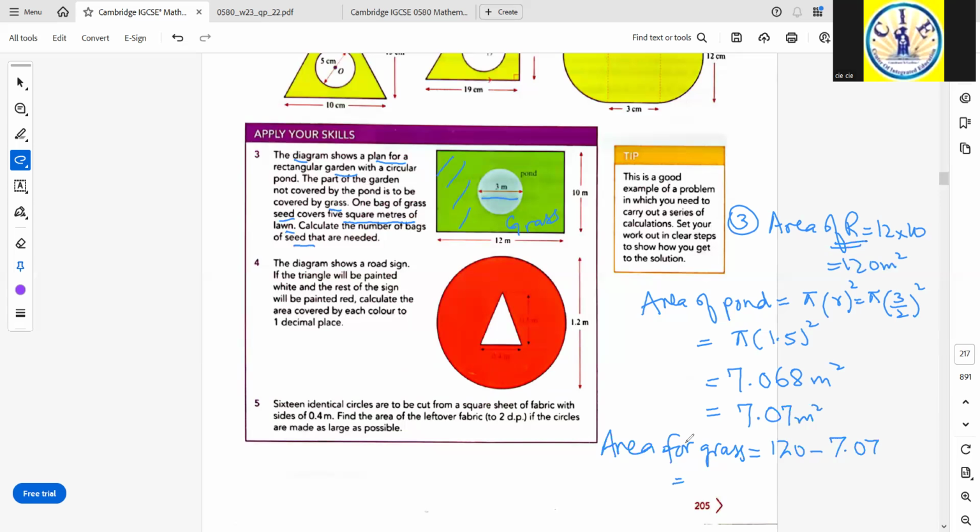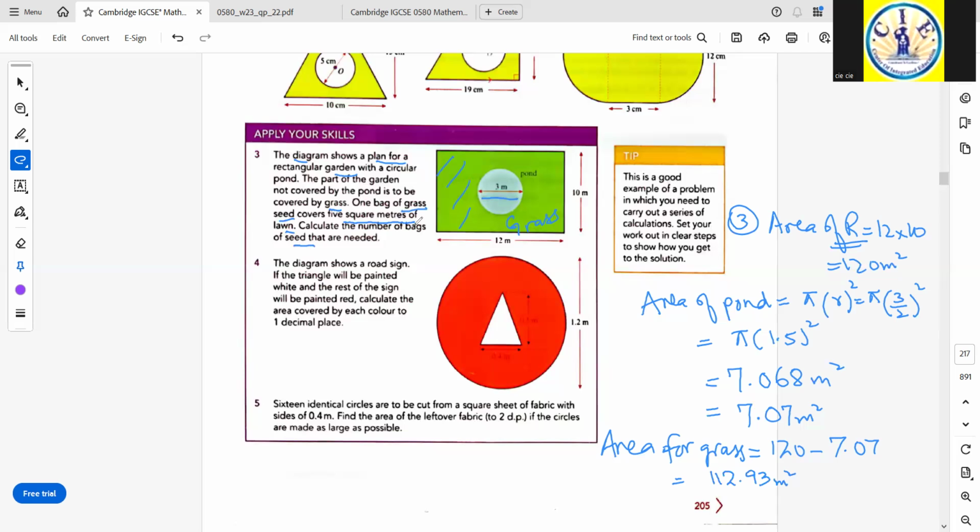This is 112.93 meter squared. Okay, now it was given in the question that one bag of grass seed covers 5 square meters.